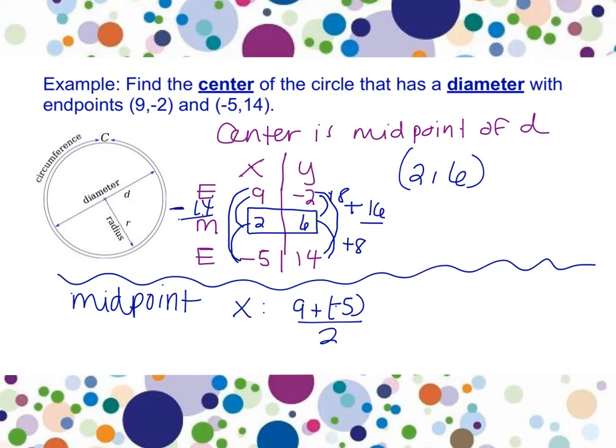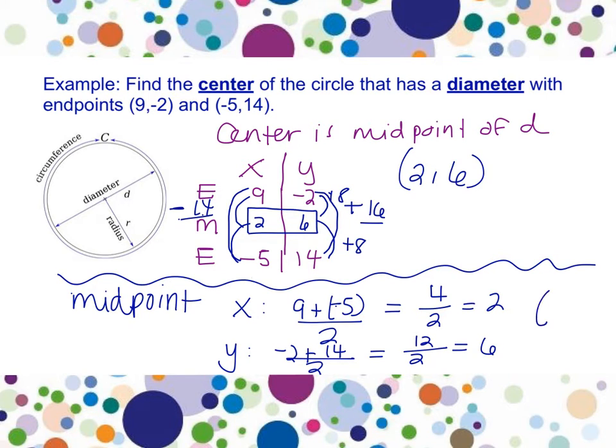So 9 plus -5 is +4, and 4 divided by 2 is 2. So that's the X value of my midpoint. Then I do the same with Y. So I would use -2 plus 14 divided by 2. -2 plus 14 is 12, and 12 divided by 2 is 6. So we still get the ordered pair (2, 6).